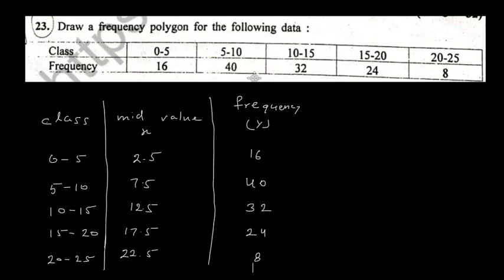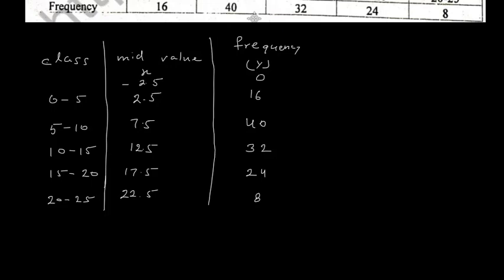Now we will take one data point before this 2.5, at a distance of 5, so that will be minus 2.5, and for that we will take frequency as 0. And we will take one data point after 22.5, so we add 5 and it will be 27.5, and for this also we take frequency as 0.